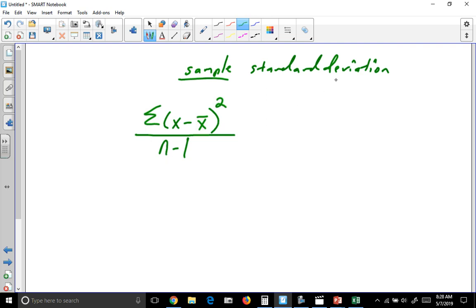So if we have a population, let's say n is 500, but we're taking a sample of 40, instead of adding up our 40 deviations squared divided by 40, when we square our deviations and add them up, we're actually going to divide by 39. And we're not going to go into an explanation of why that is, but that is called the sample variance.